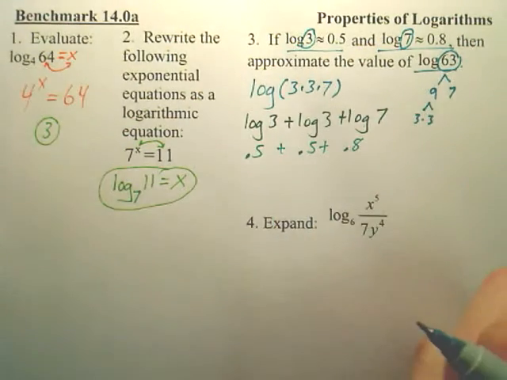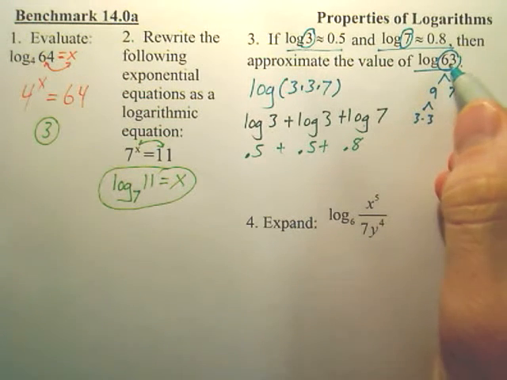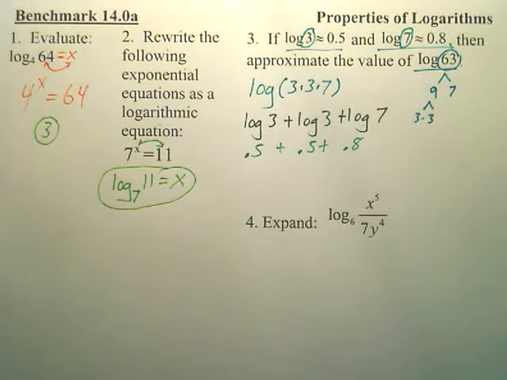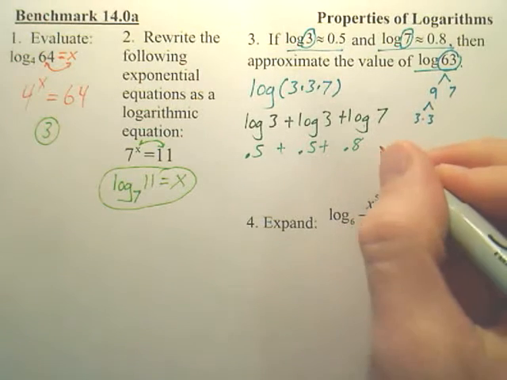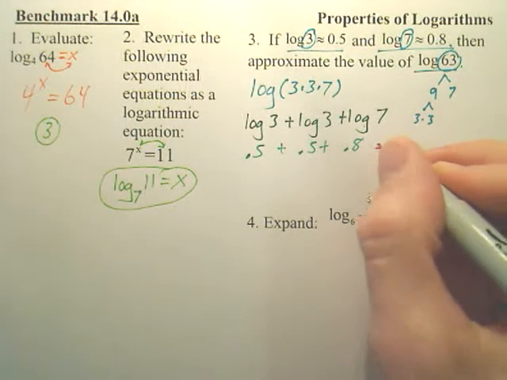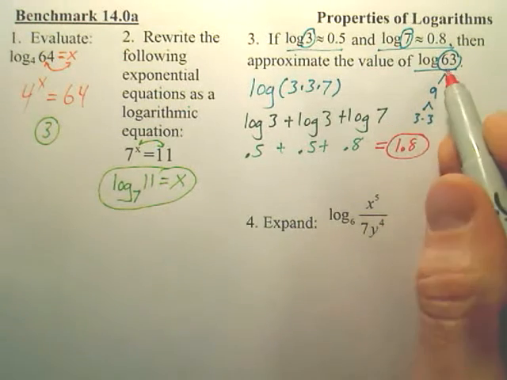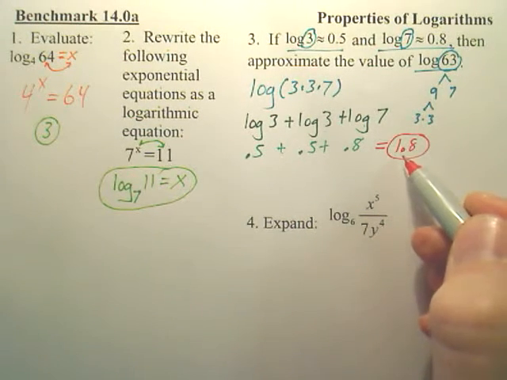Can we now add them all up and get our answer? We didn't know the value of log 63, but we knew the value of each piece, and we can create it using our log properties. When we add all this up, you get 1.8. So log 63 would be 1.8.